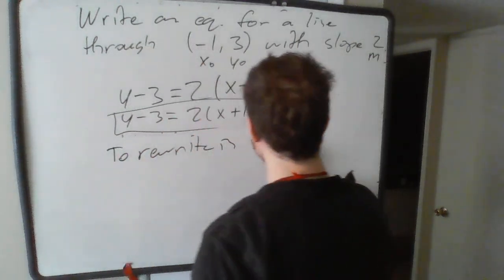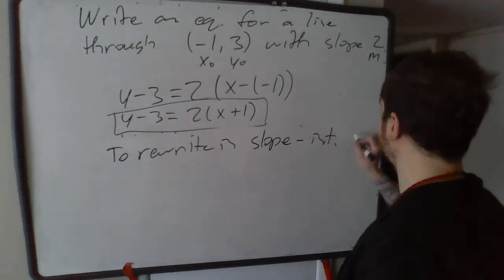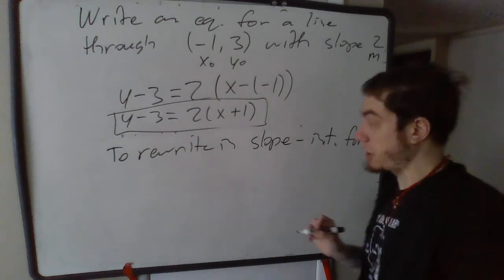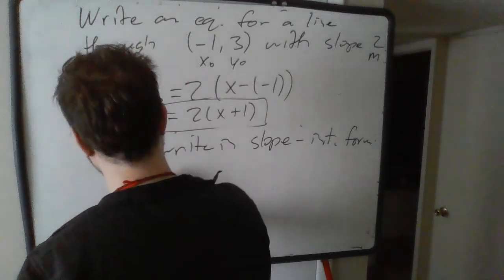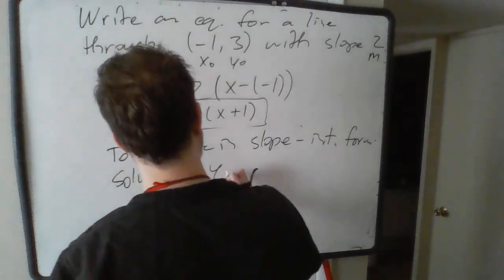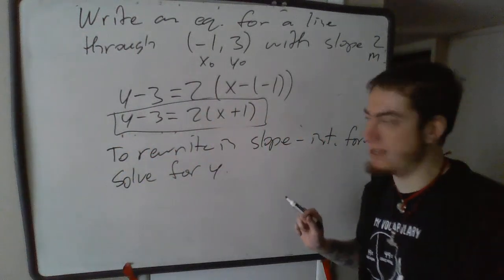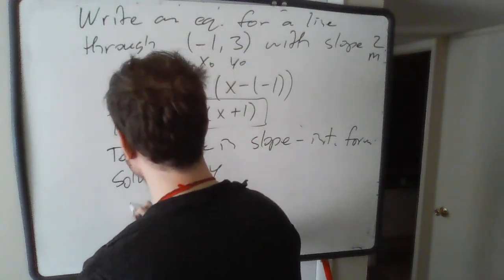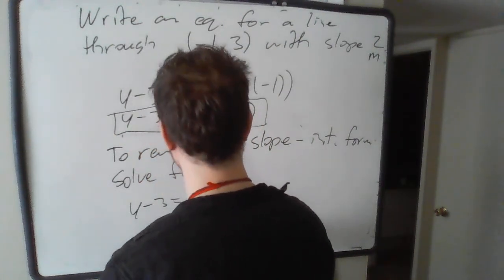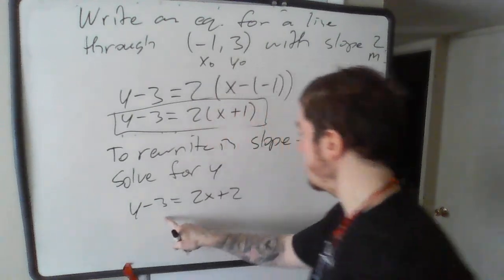So to rewrite in slope-intercept form, what you're going to do is simply solve for y. In other words, you want to isolate this y. So what does that give us in this case? Well, that would give me y minus 3 is equal to 2x plus 2.